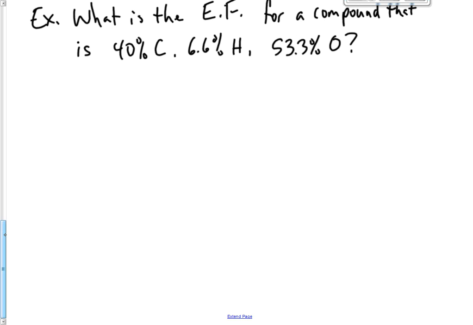So again, the first step, convert those percents into grams.